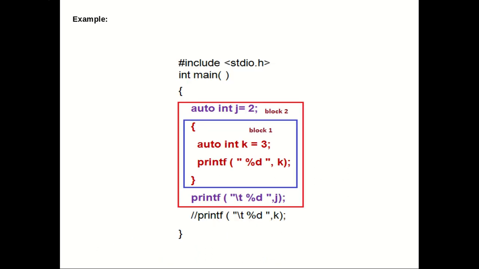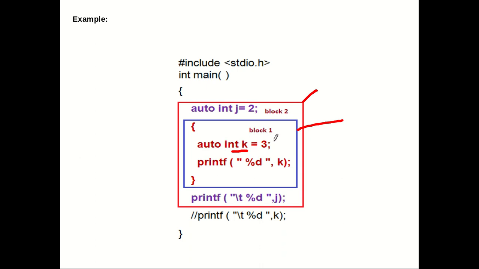Let us consider an example. See here, this is block 1 and this is block 2. In block 1 we have declared a variable k, and this is declared with the help of the auto storage class, meaning this is an automatic variable.